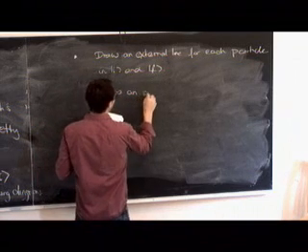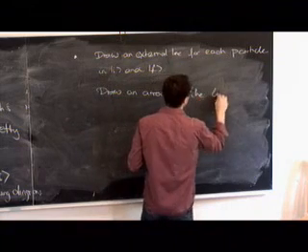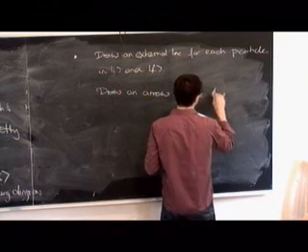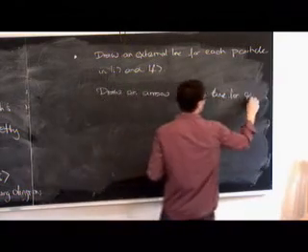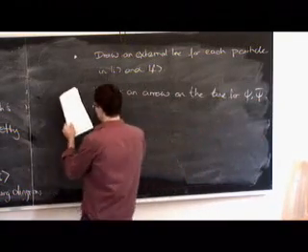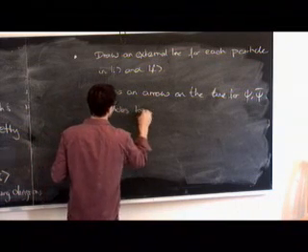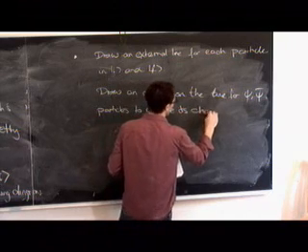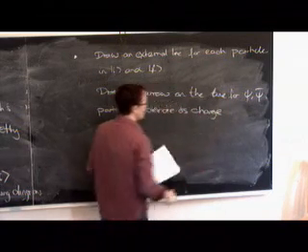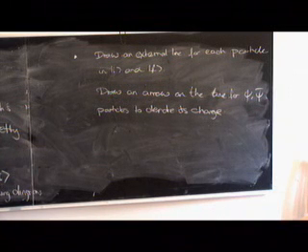So draw an arrow on the line for psi particles to denote its charge. Okay, so we're not going to draw arrows for the mesons, because the arrows are going to correspond to charge, and the mesons are real and therefore don't carry any charge.